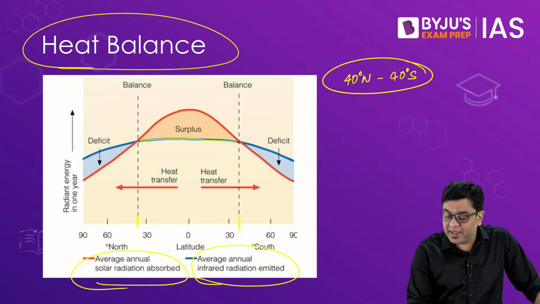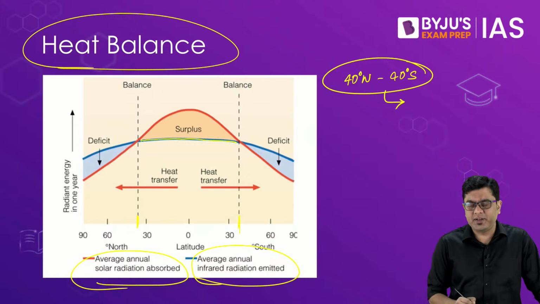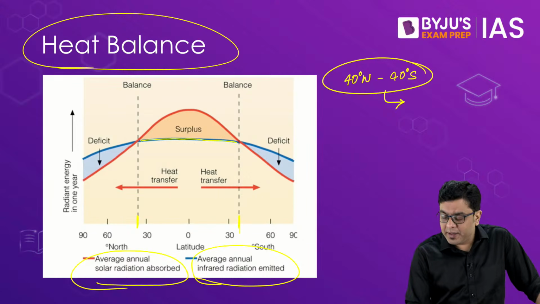So this area, between 40° north and 40° south, is referred to as the area of heat surplus.